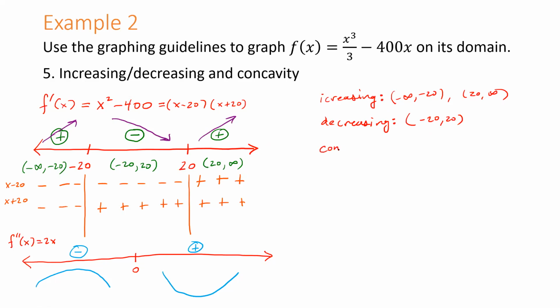And then it will be concave up on the interval from 0 to infinity, and concave down on the interval from negative infinity to 0. What helps here is to put these two sign charts together, so now we can visualize how these two interact with each other.